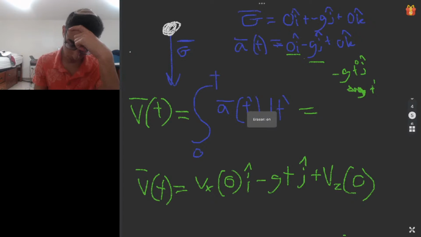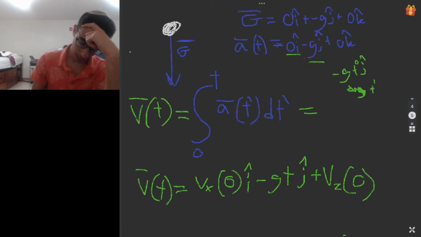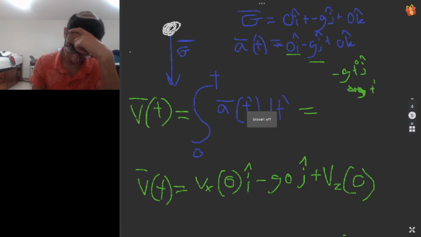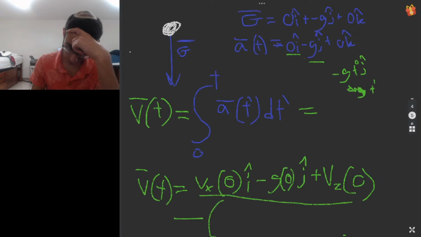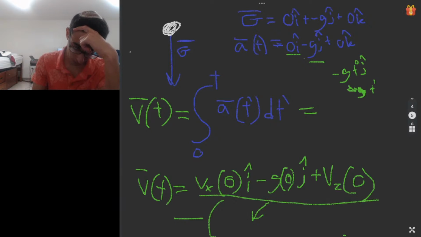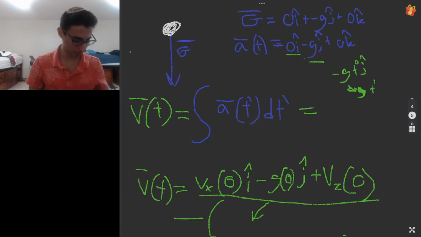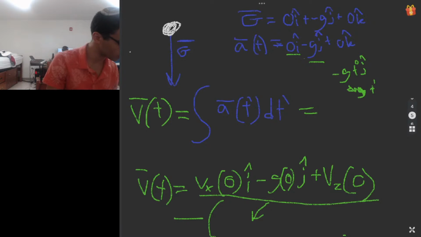If we're looking for it between time 0 and time t, I should put a 0 here, and then subtract this whole thing again, but instead of putting 0, I would put t in. But you know what, I'm going to switch this whole thing from being a bounded integral to being an unbounded integral.